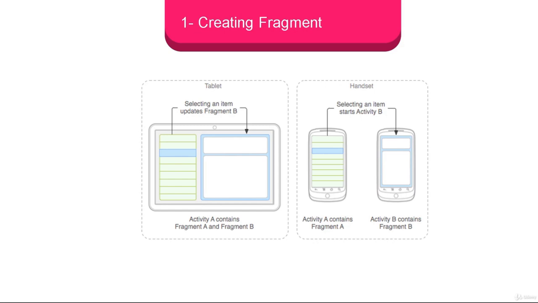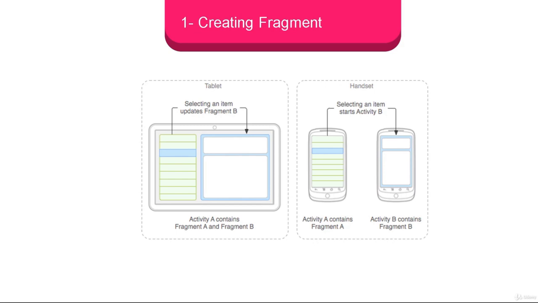In this example, there are two fragments on the tablet screen. Let's assume that this application is made for reading different articles. On the left-hand side, there can be articles in list form. When a user clicks on an article from that list, the article can then be opened on the right-hand side fragment.